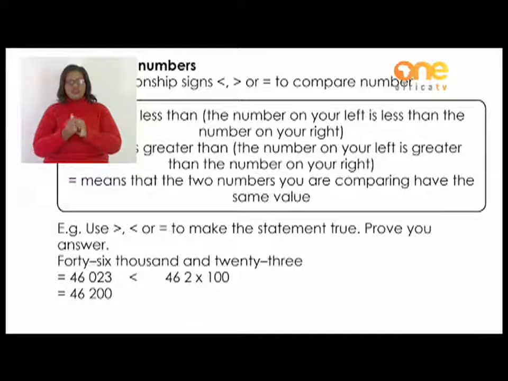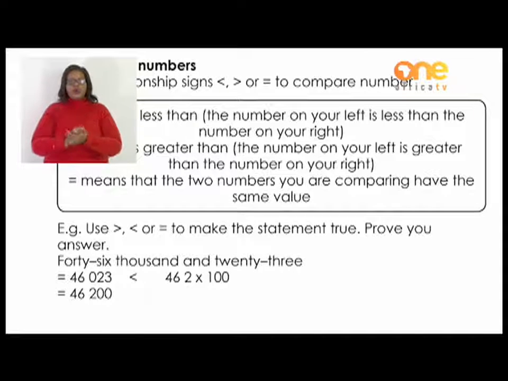Looking in the box, what is written there, the sign which is opening to the right means less than. The one which is opening to the left is greater than. And the equal to is already known by most of you learners.